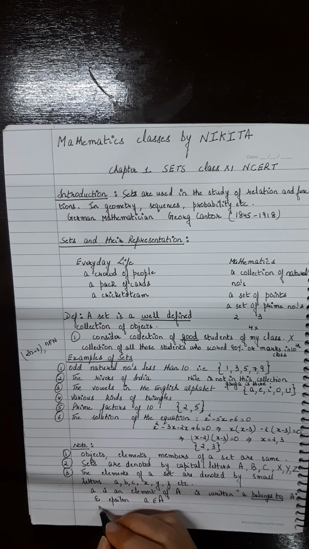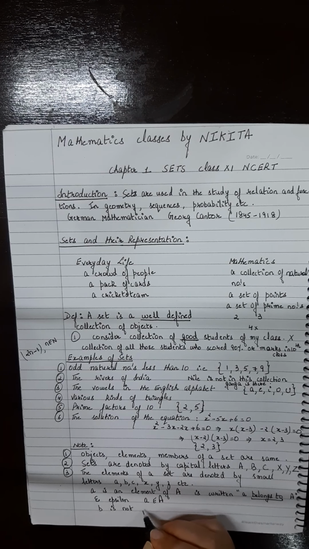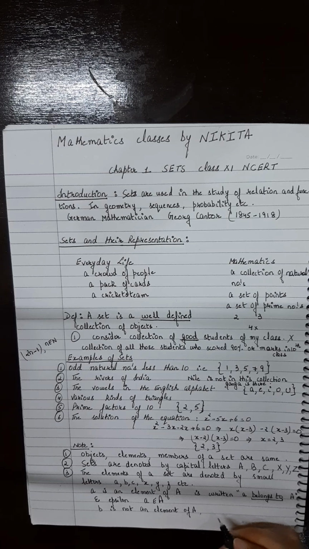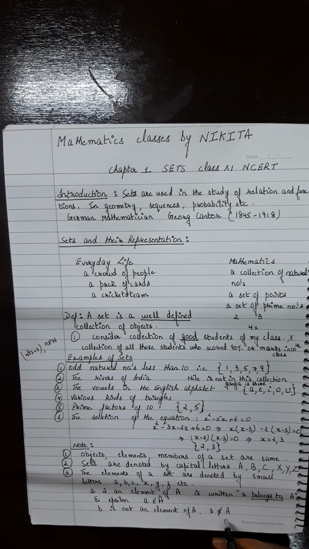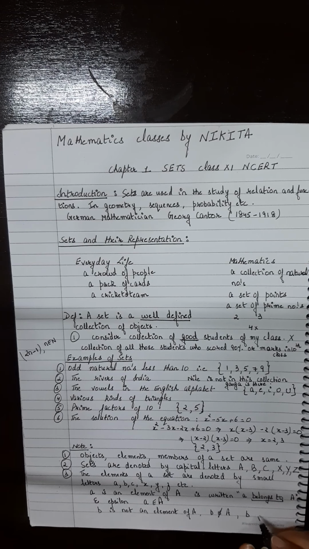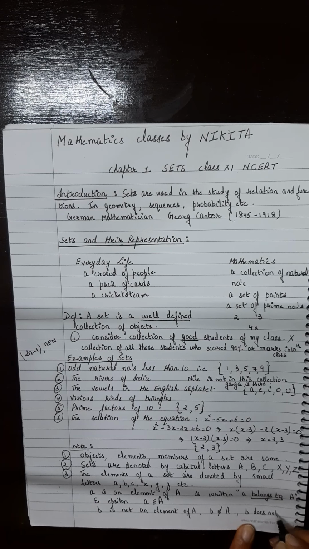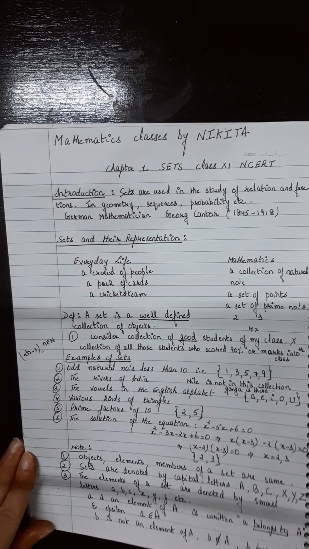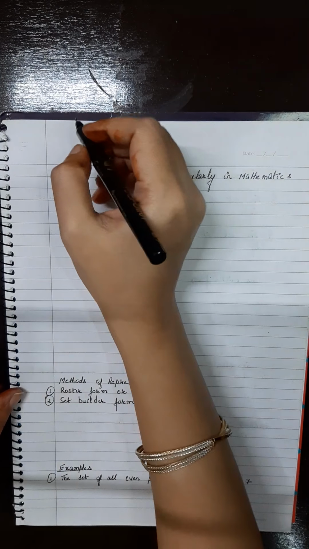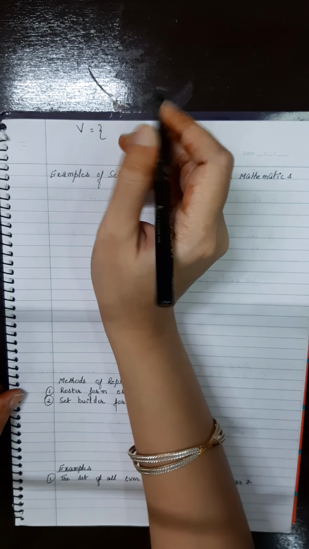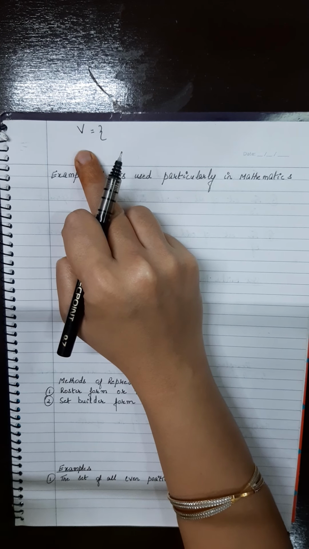Okay. Now if I want to write b is not an element of A, I will write b epsilon slash A. So b is not an element of A, that means b does not belong to A. So we will read this as b does not belong to A. Now for example, suppose capital V is the set of all vowels in the English alphabet.